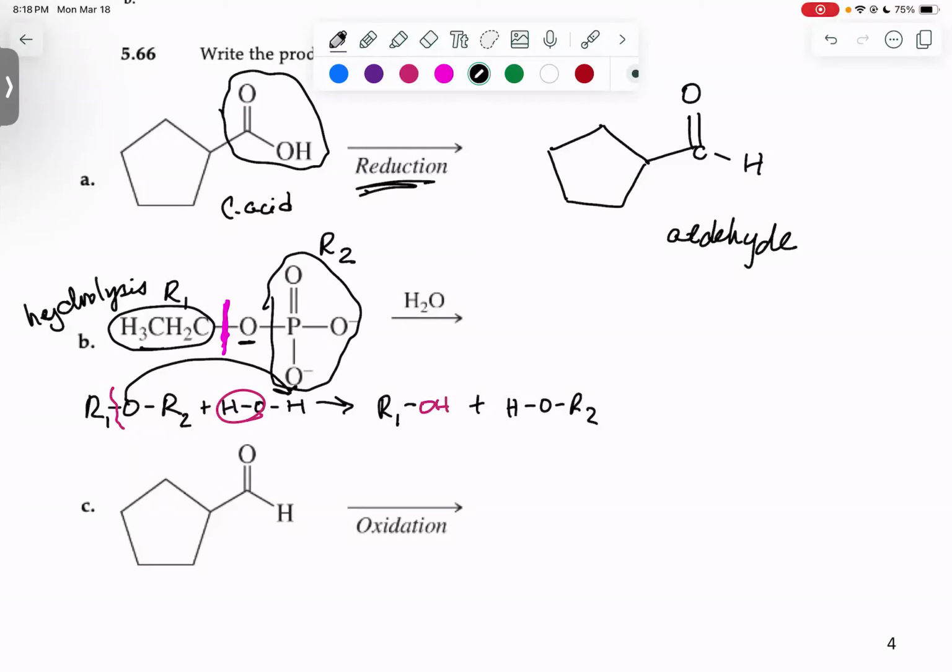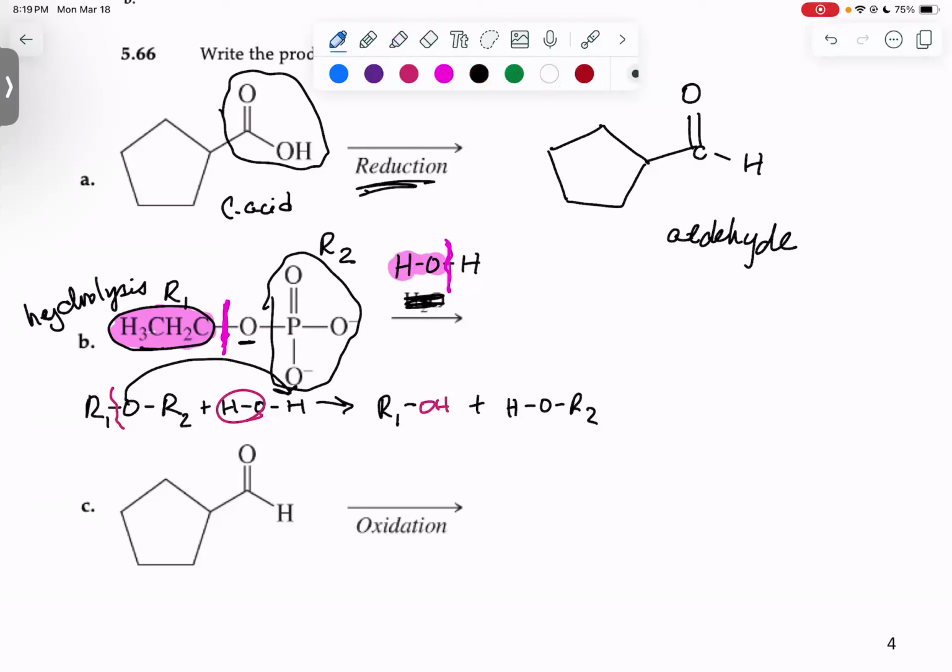So if you just break it up that way, it's not so bad to understand, right? And my water, I'm not going to write like that. I'm going to write HOH, and I'm going to break it on either side, doesn't matter. And then let's do this in highlighter, right? So my R1 here does not have the oxygen attached. So it's going to get an oxygen and the hydrogen.